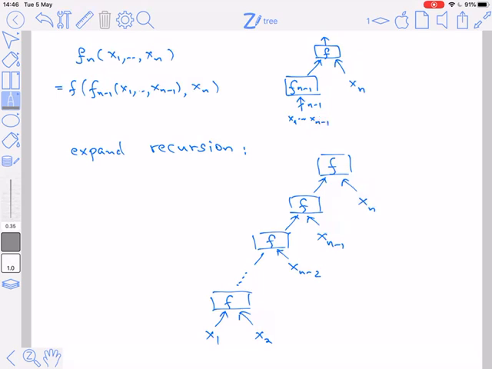Okay? Now we could take this recursion and we could expand it. So if I were to expand it, I would get this tree where xn is the right child of the root, xn minus 1 is the right child of the next node, and so on and so forth, until I'm left with 2 bits and I apply f to x1 and x2.